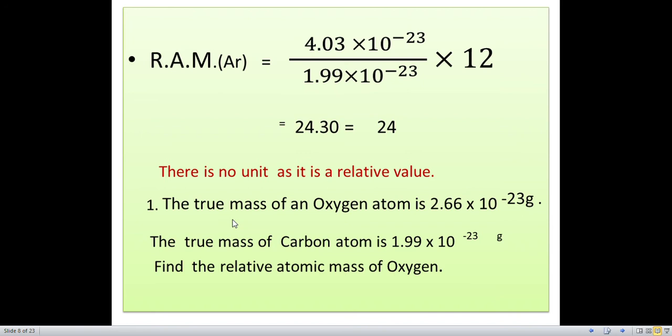Another example. The true mass of an oxygen atom is 2.66 × 10^-23 gram. The true mass of a carbon atom is 1.99 × 10^-23 gram. You have to find the relative atomic mass of oxygen.